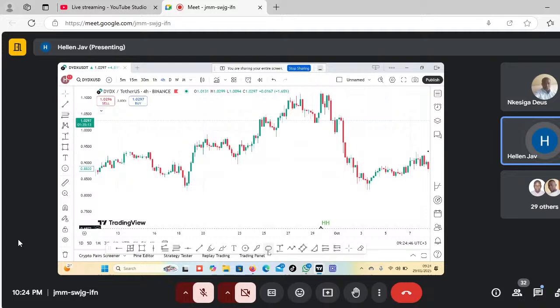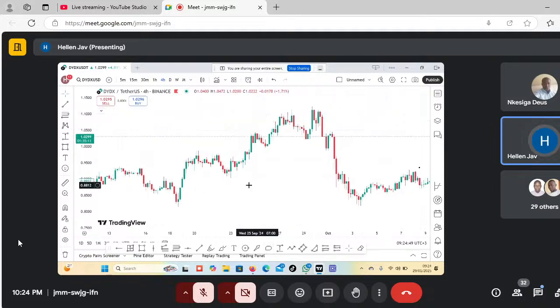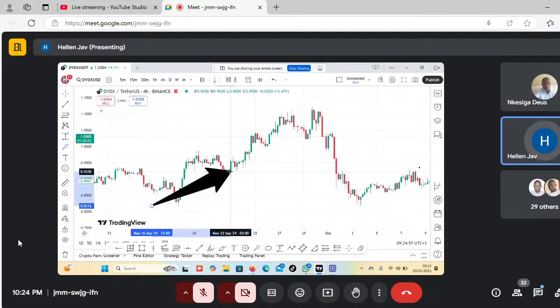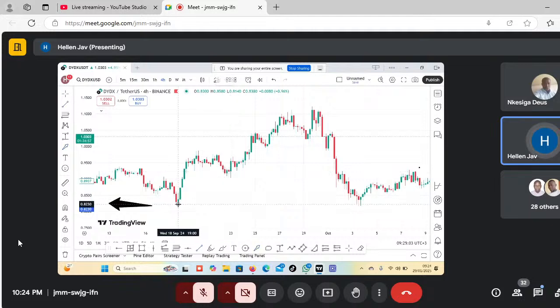I'm going to spot out the points I want to use, connect those 2 points, and then you can see what is happening.